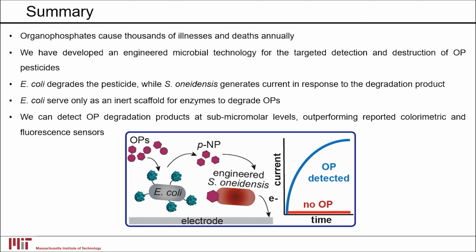When we combine these together, we can take these organophosphate pesticides that cause thousands of illnesses and deaths annually and degrade the pesticide and quantitatively detect those degradation products. Further, our limit of detection with these is sub-micromolar levels, which means we outperform both colorimetric and fluorescent sensors by several orders of magnitude with much less costly setups and equipment.